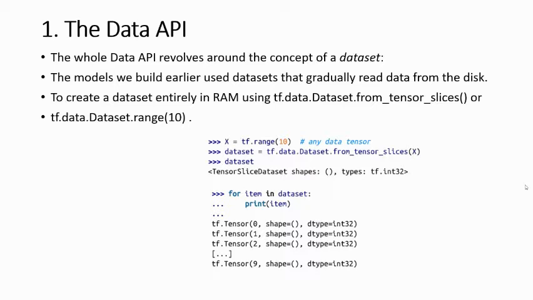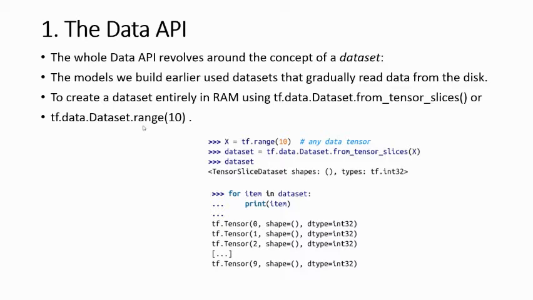In order to create the dataset, we should use tf.data.Dataset, which is suffixed with a few other functions, that is from_tensor_slices or range. Now tf.data.Dataset helps us to create a dataset, whereas functions such as range help us to list a sequence.